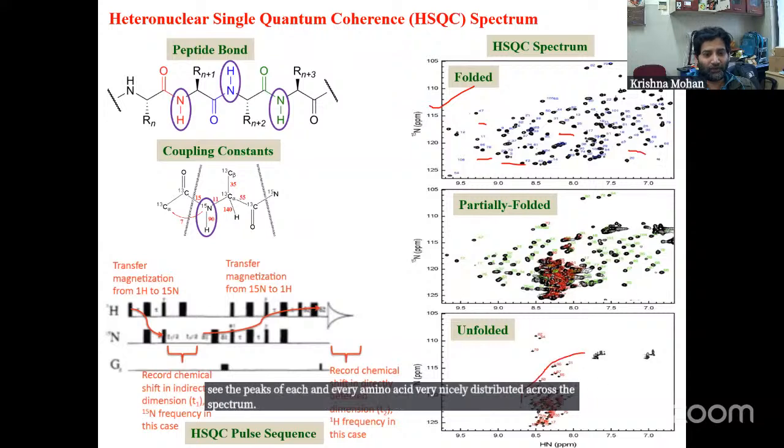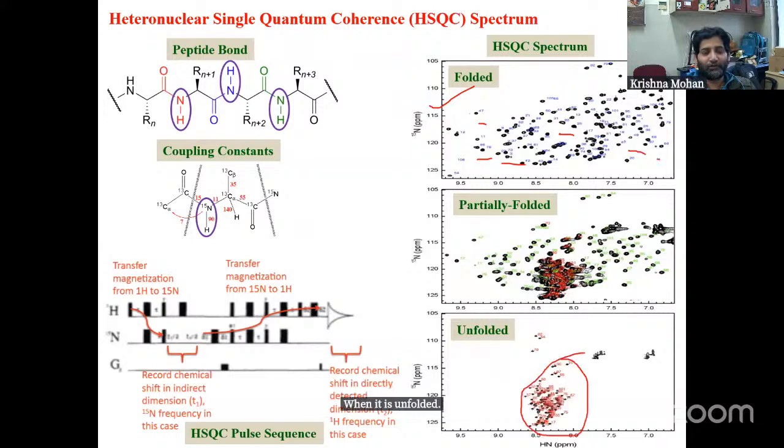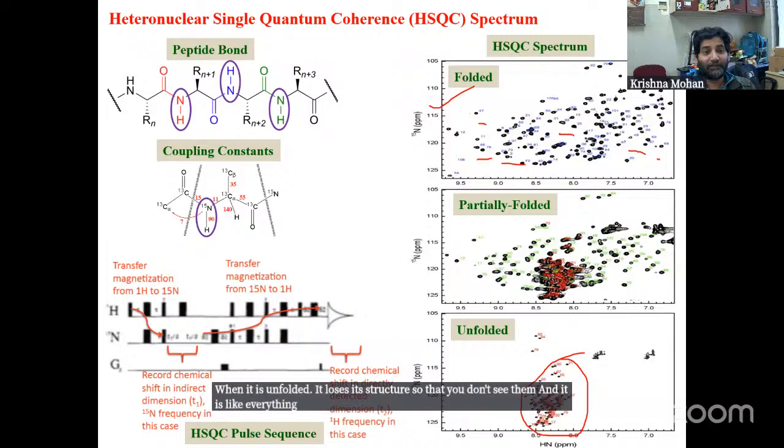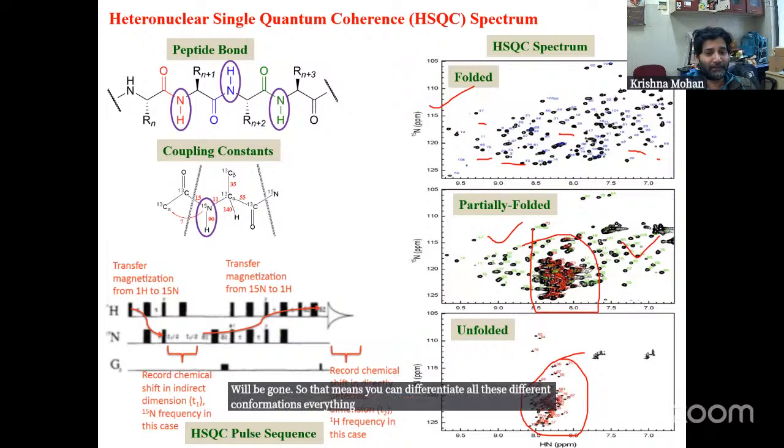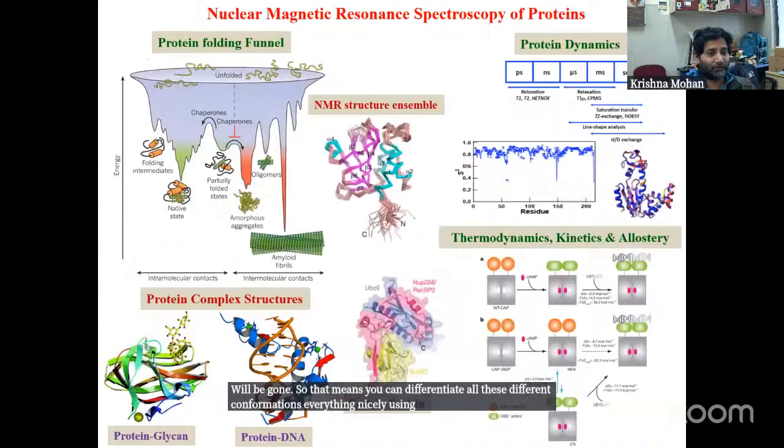When it is unfolded, it loses its structure, so you don't see them; everything is in one place. If it is partially folded, the ones which are folded will be nicely spread, and the ones which are not folded will be gone. So you can differentiate all these different conformations using the NMR spectrum.